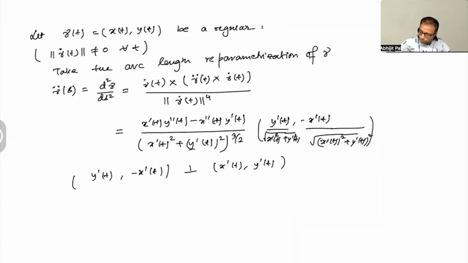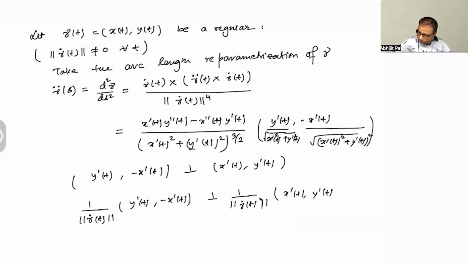So 1 by norm of gamma dot t times this vector, which is perpendicular to the tangent vector.